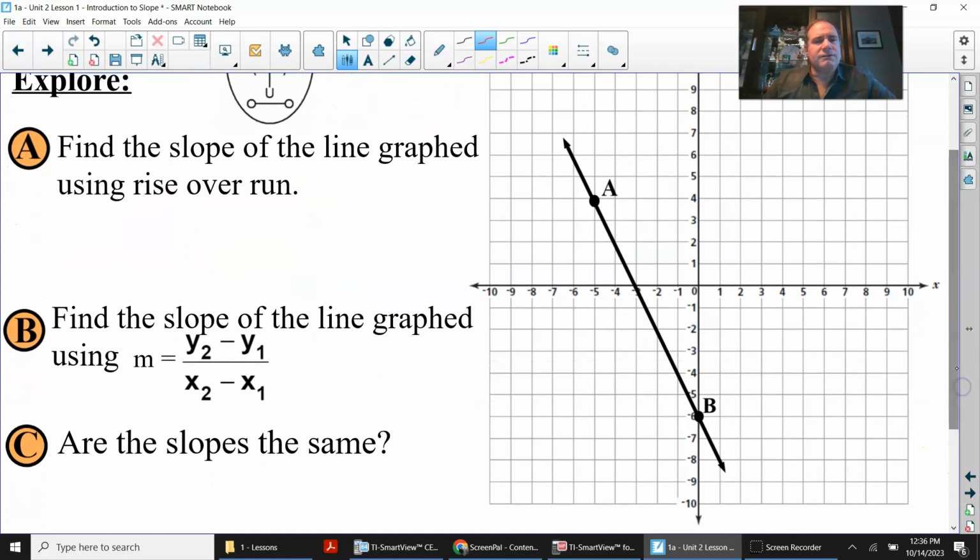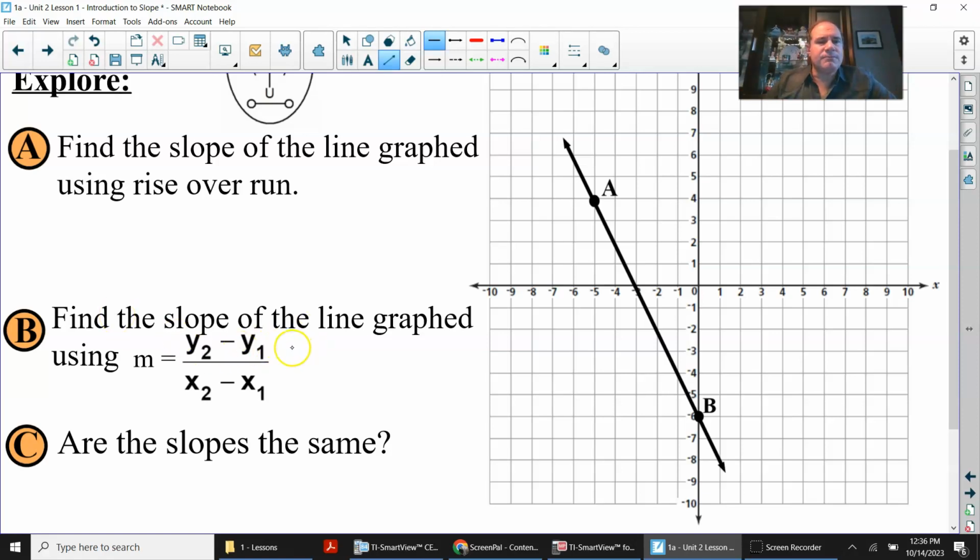So right now, we're going to do rise over run, and then we're going to use the other slope formula, y2 minus y1 over x2 minus x1. The reason why we're doing both one right after another consecutively is because we want to show you that each slope formula, rise over run, is really the same thing.